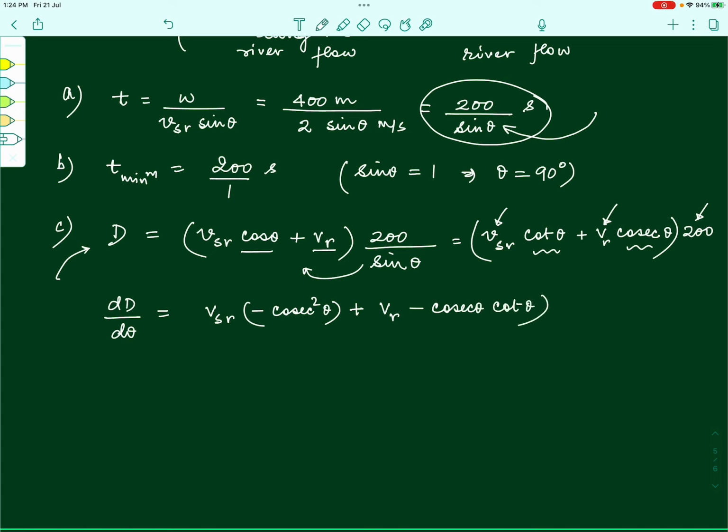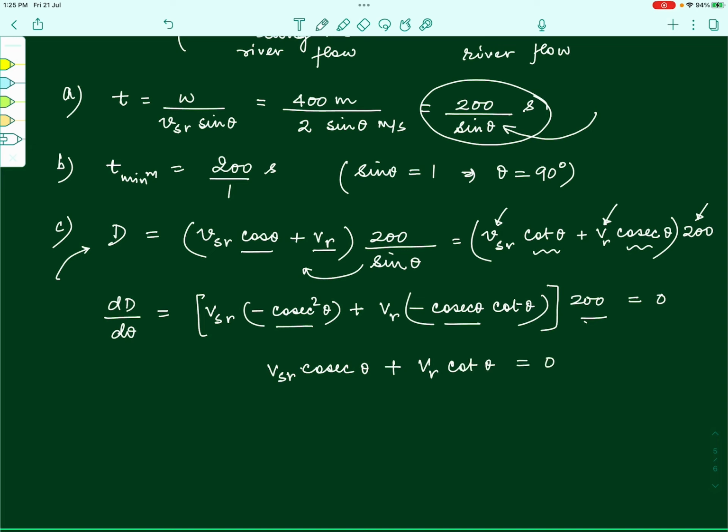Now, in order to simplify this, we put this whole expression equal to 0, so that this 200 goes away on the other side, and we can take a cosecant theta common from these two terms, and we are left with VSR cosecant theta plus VR cot theta is equal to 0, as the minus sign also goes away.